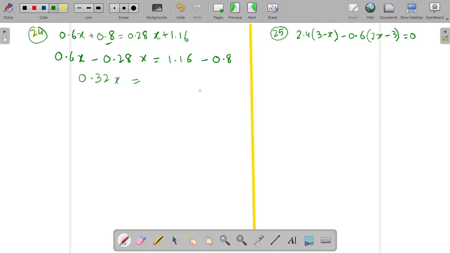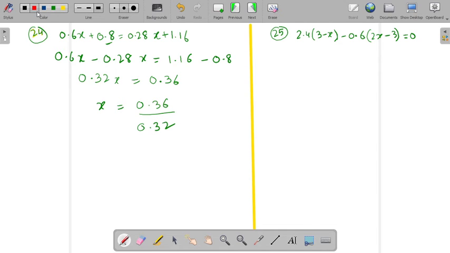And if you subtract 1.16 minus 0.8, what will be the answer? 0.36. This will be the term which you will be getting. So x will be 0.36 upon 0.32.